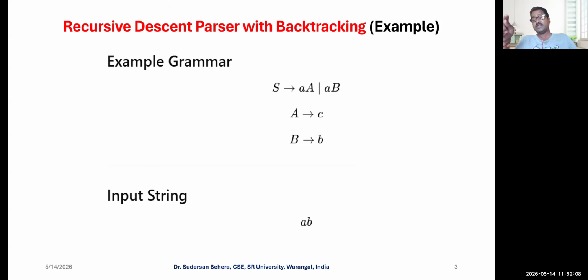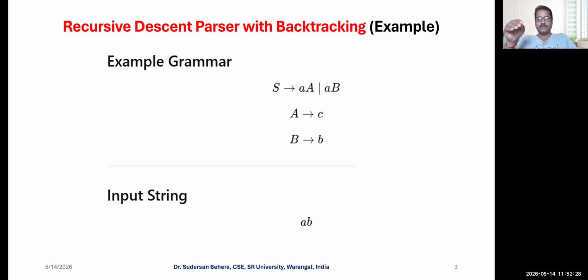It will get AC as an output string. But the input string given is AB. So AC is not equal to AB. So the parser failed. The production it selected has gone wrong.